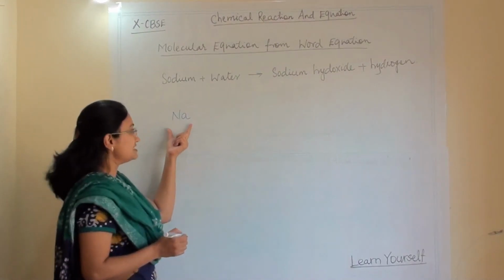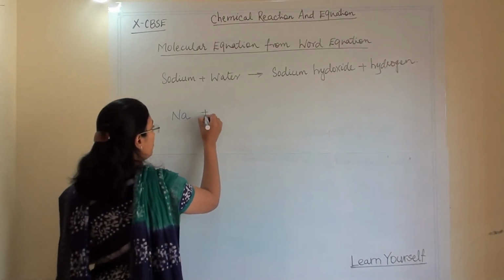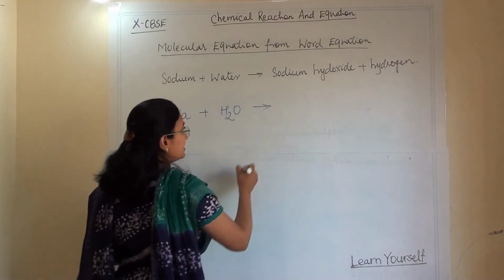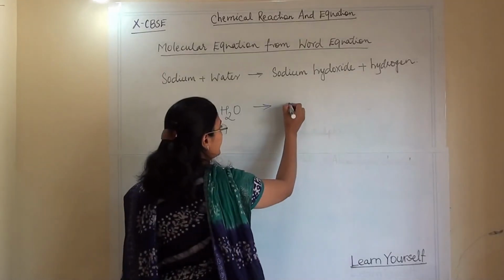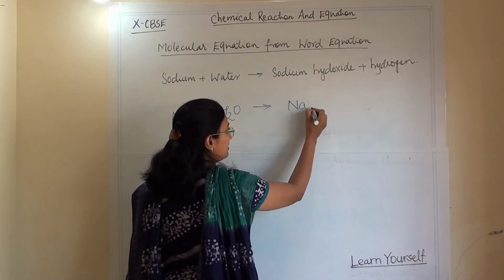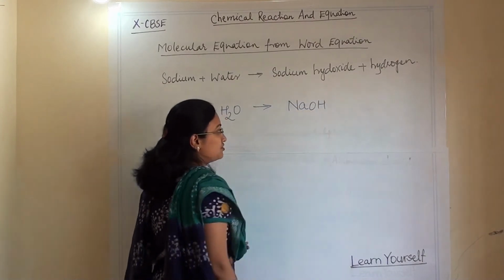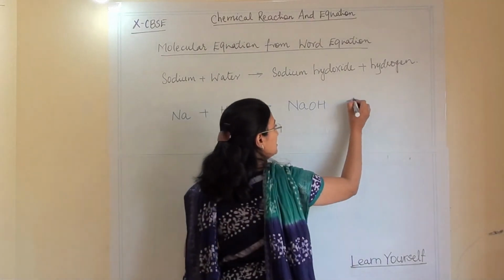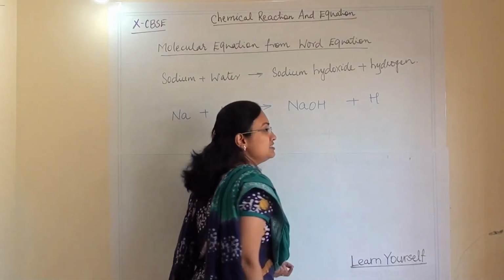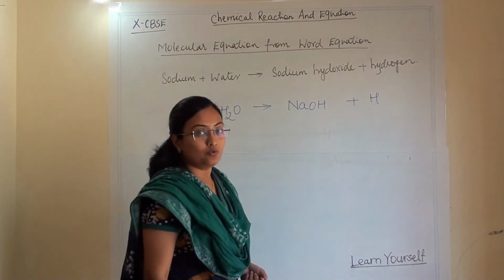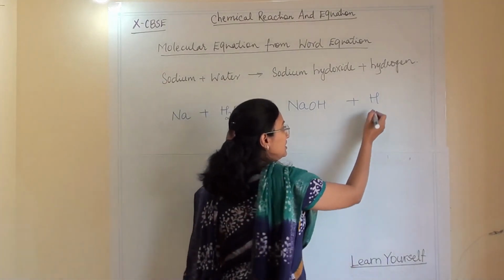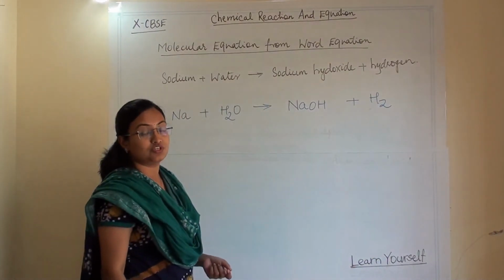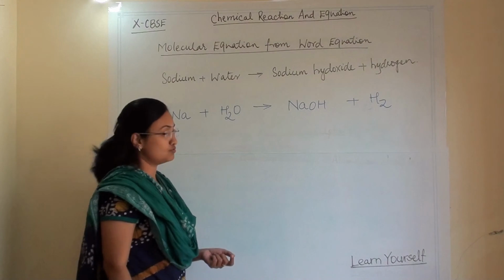So sodium is Na, water we know is H2O, then sodium hydroxide, and hydroxide is OH. So this is NaOH, plus hydrogen. So it is H. Now whenever it is hydrogen, it cannot be alone. Its atomicity is 2. So it is always H2.